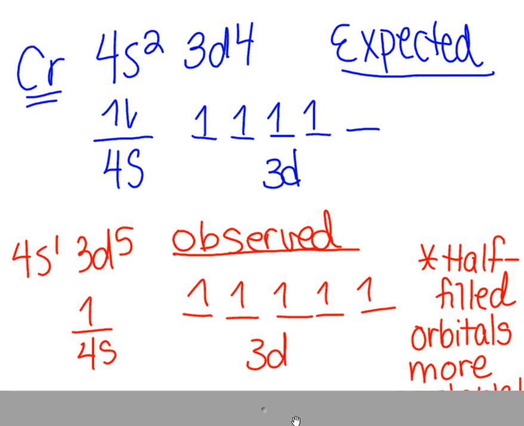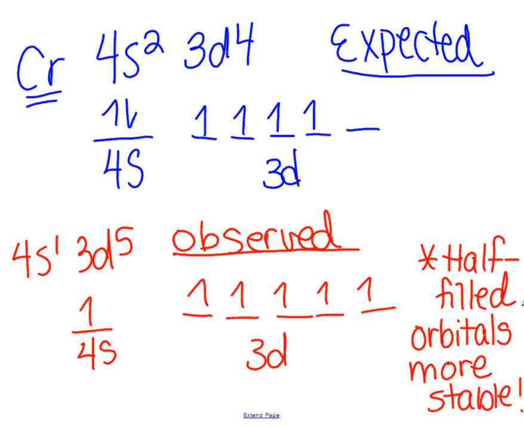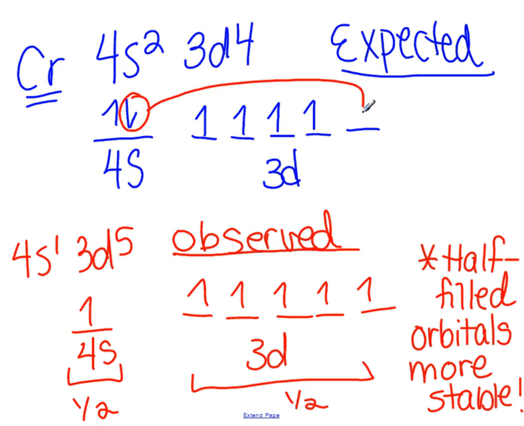When we take a look, you'll see that up here we've got a full orbital, and this is a partially filled orbital. The one that's observed shows a half-filled orbital here with the s, and this one down here with 3d is also half-filled. So what happens is this electron here jumps ship and it says, I'm going to move over here.